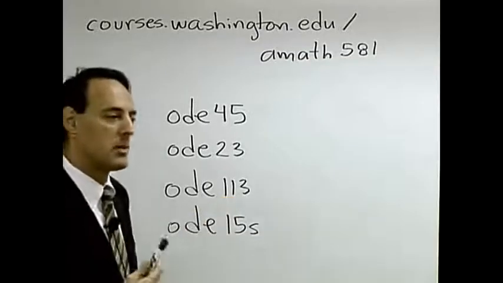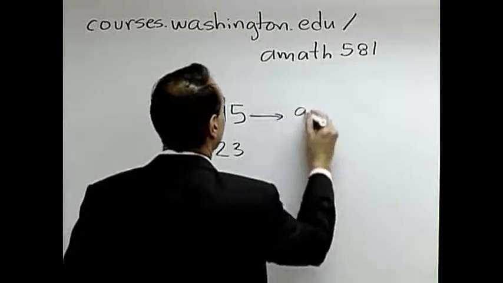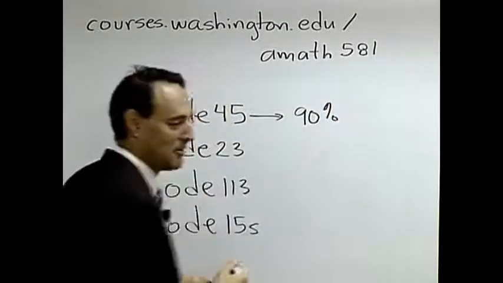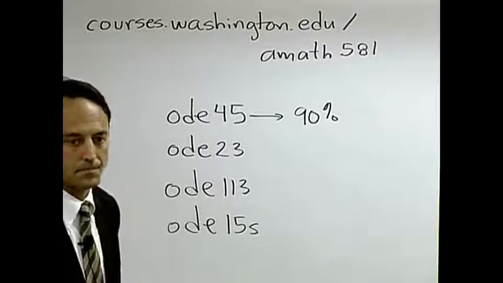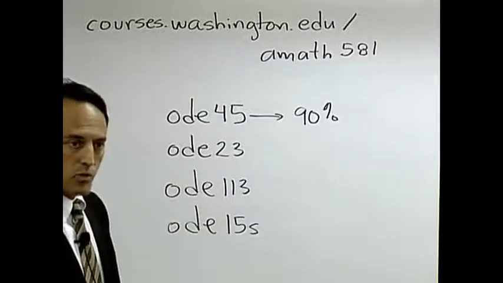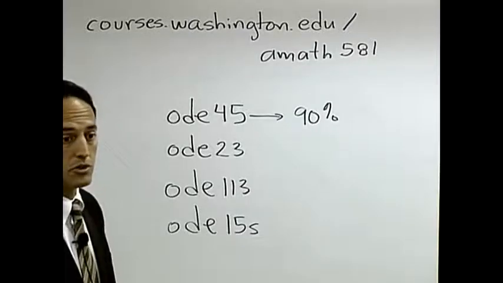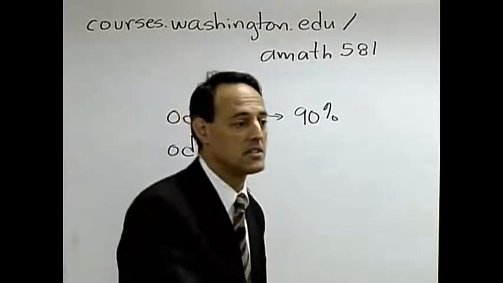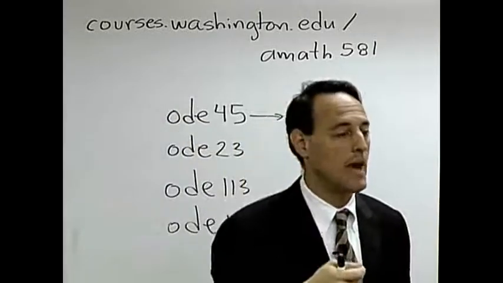So sometimes some of these schemes break down. ODE45, you know, you're going to be able to do maybe 90% of the problems out there. Just put in ODE45, go. But there are cases where you have problems which have numerical stiffness, where you have rapid transitions in the solution. It's actually part of the physics of the system. Things go along and all of a sudden you get huge changes very rapidly.